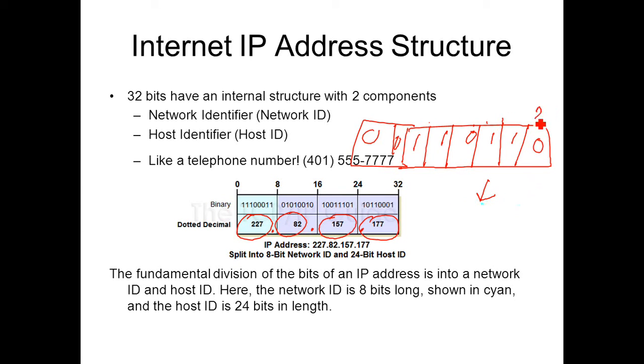This position is 2 to the power 0, which is 1. Then 2 to the power 1 is 2, then 4, 8, 16, 32, 64, and 128. If you convert this, you add the corresponding numbers. For example, 32 plus 16 plus 4 plus 2, that is 54, I think.